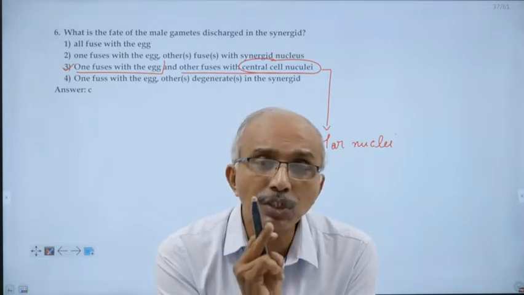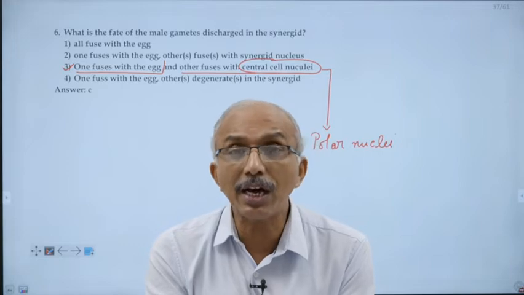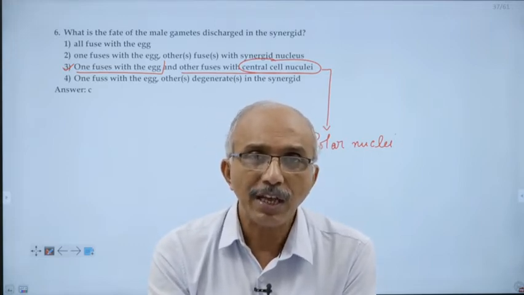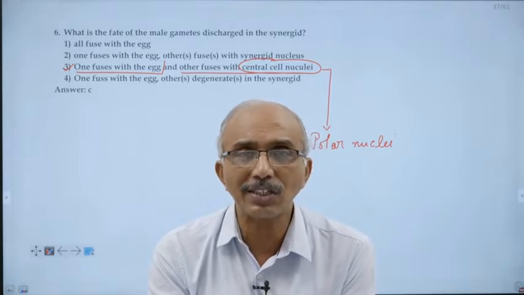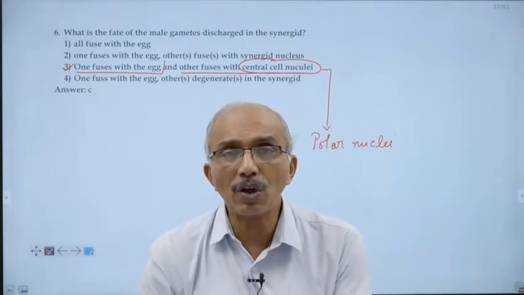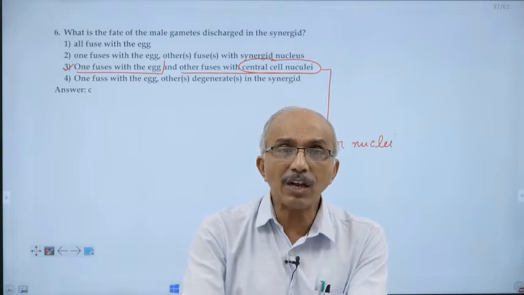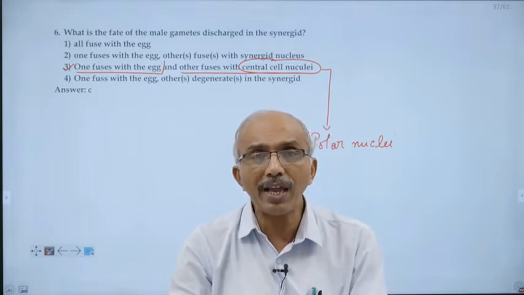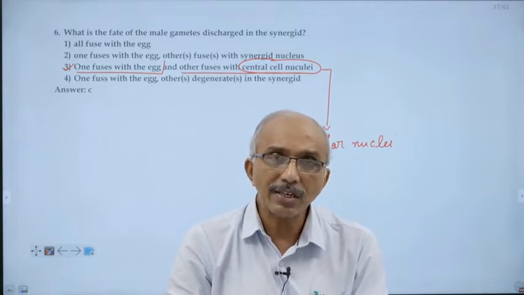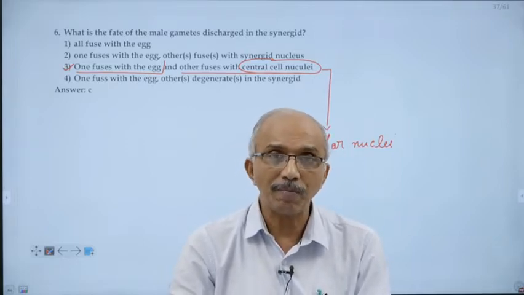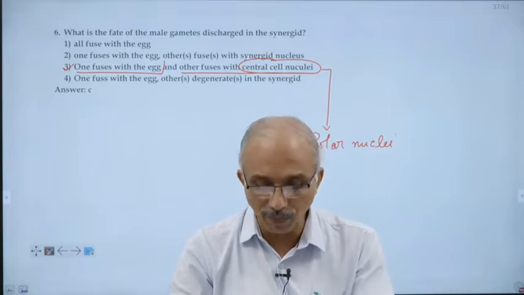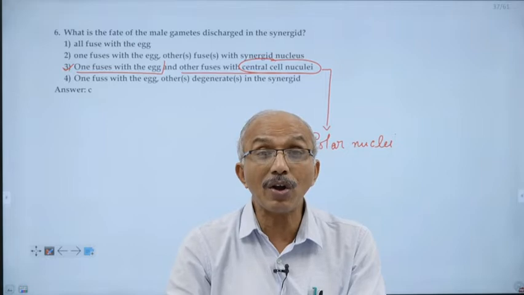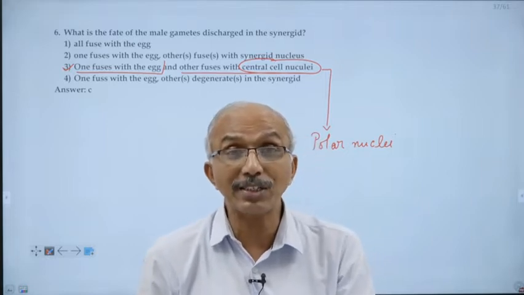How many male gametes will be there in a pollen tube? 2. One fuses with a female gamete, that is egg. The fusion is called syngamy. The other fuses with the central cell nuclei or polar nuclei, that is triple fusion. 2 gametes are involved in fertilization. So the fertilization is called double fertilization.